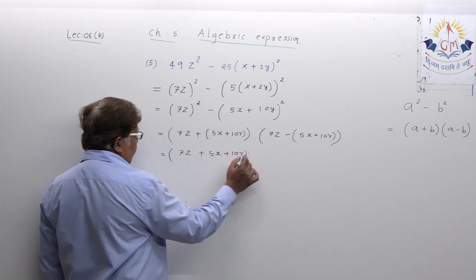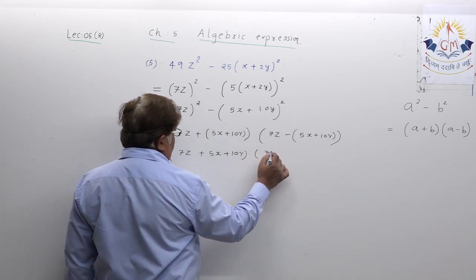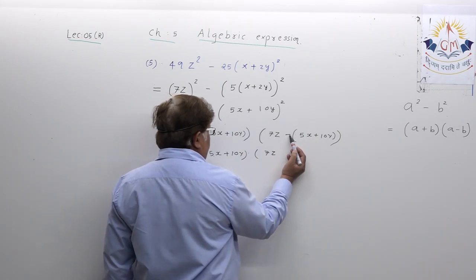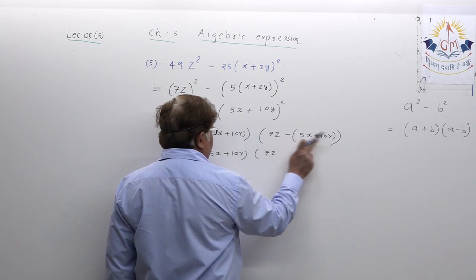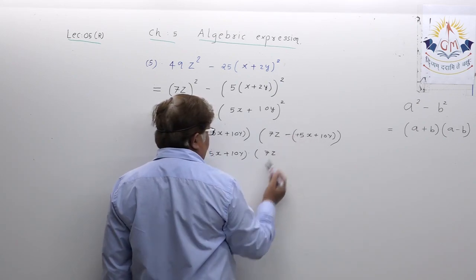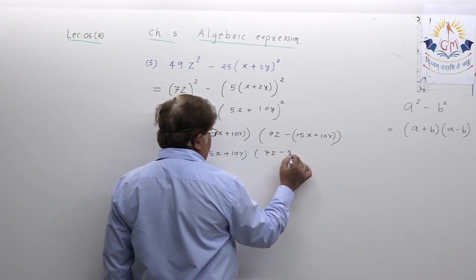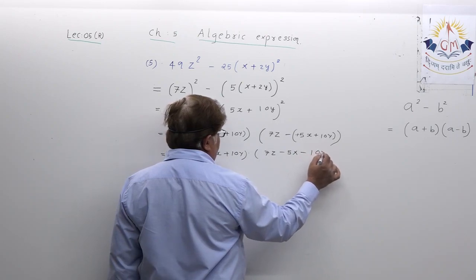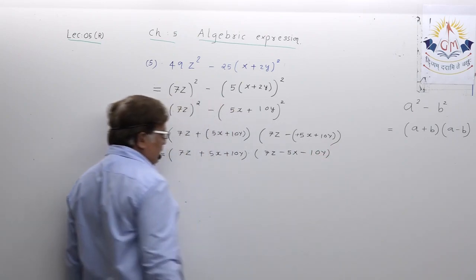You understood this? And here, dear student, negative sign will open this bracket with sign change. This is nothing, means plus minus 5x minus plus minus 10y.